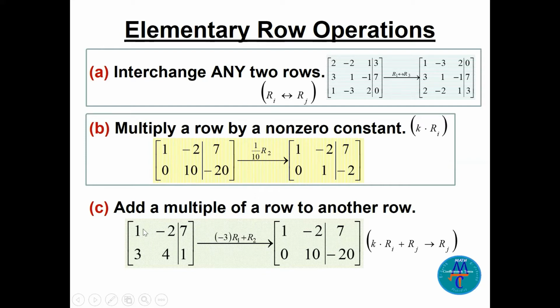So minus 3 times the 1 is minus 3. You add it to another row. That becomes 0 here. Minus 3 times minus 2 is 6. You add to 4, you put 10 here. You have to change all the row. And then minus 3 times 7 is minus 21. Add to 1, you get minus 20. So remember this one here. Add a multiple of a row to another row.